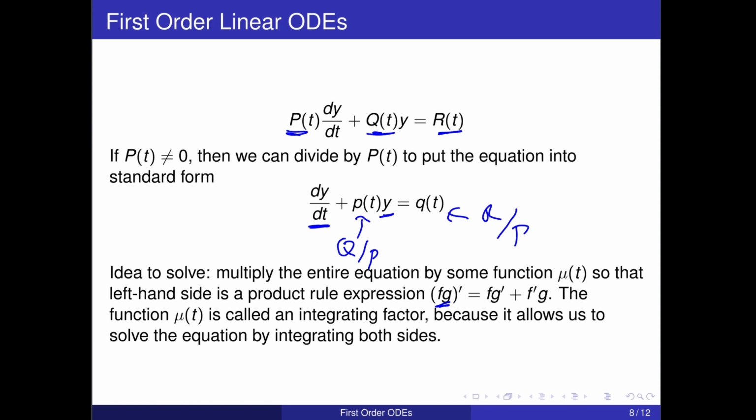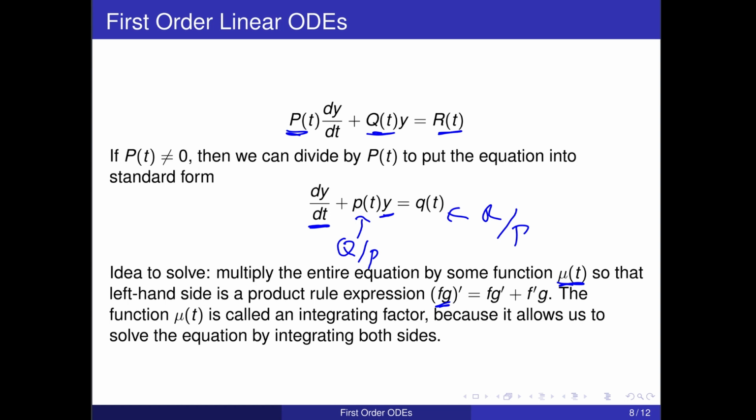It's probably not going to be exactly a product rule to start with, but if we modify the entire equation by multiplying it by some unknown function mu of t, then we might be able to actually get the left-hand side to be a product rule expression like this. And in that case, we can directly integrate both sides, which more or less is the only way we know how to solve differential equations so far: doing some trick and then integrating both sides.